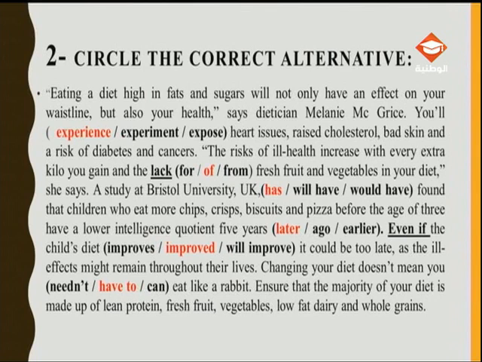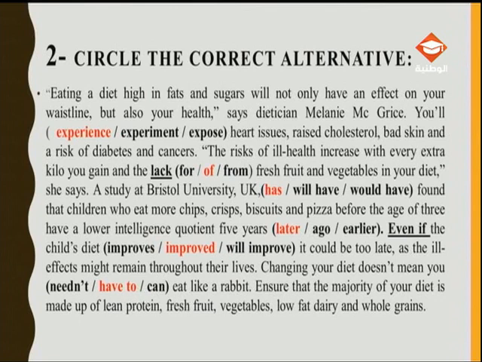I go on reading. The risks of ill health increase with every extra kilo you gain, and the lack from fresh fruit and vegetables in your diet, she says. Lack, do we say lack for, lack of, or lack from?